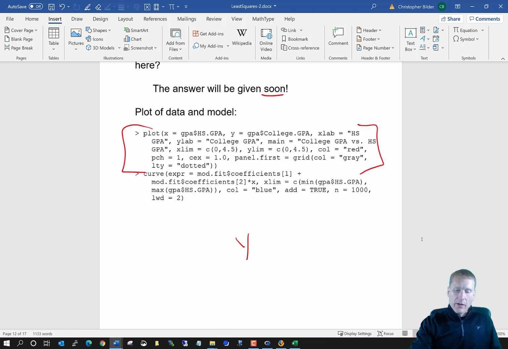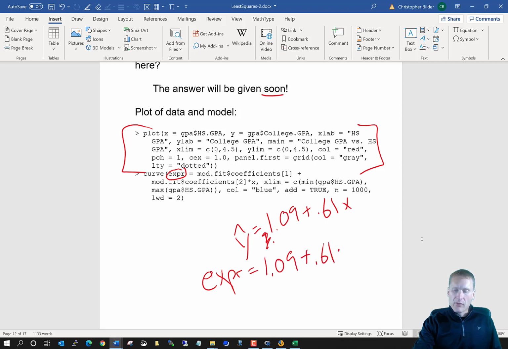Well, again, our model is y hat is equal to 1.09 plus 0.61 times x. So what I could do in my expression argument here, or EXPR, I could put 1.09 plus 0.61 times x, and I could get R to actually draw the plot.